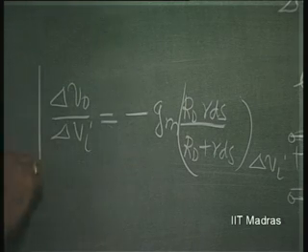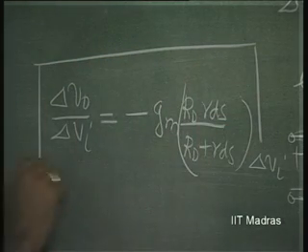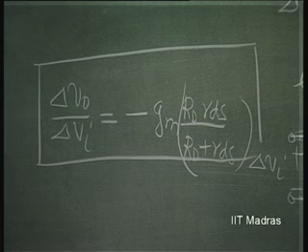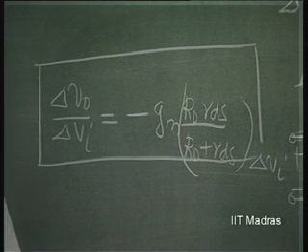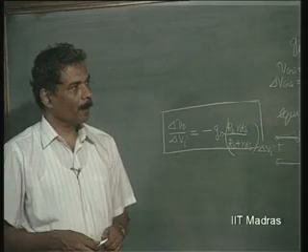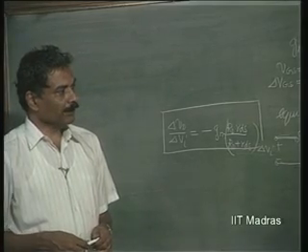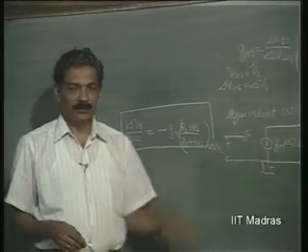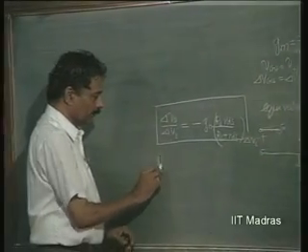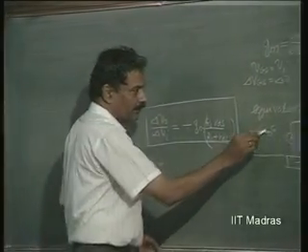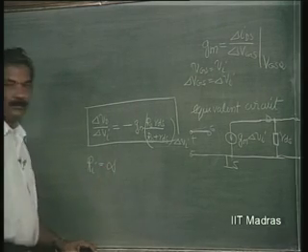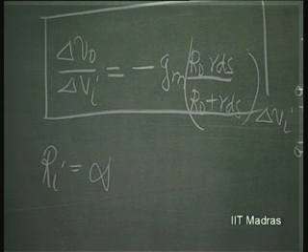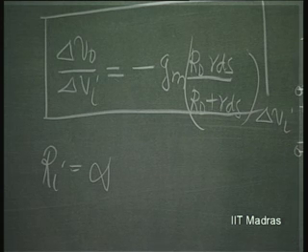This is going to be the voltage gain of a common source amplifier, biased to work at voltage of VGS Q. What is the input impedance? Input impedance Ri is going to be infinity here. This is normally the case with this field effect transistor.